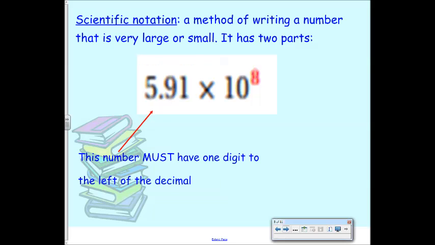All right, so with scientific notation, the biggest thing that people make mistakes on is writing their first number in the wrong format. If it's proper scientific notation, that means you should only have 1 digit to the left of the decimal place. Everything should be in the ones place. So this number, 5.91 times 10 to the 8th, is called scientific notation.